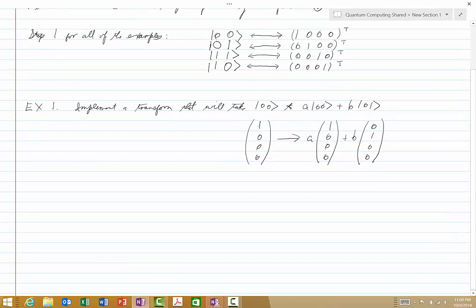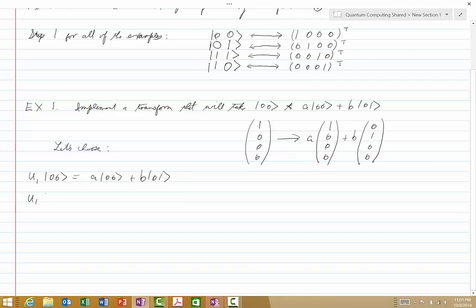So let's choose the following. We'll call this perhaps U1. And we'll say then that U1 of 0 0 is equal to A times 0 0 plus B times 0 1.